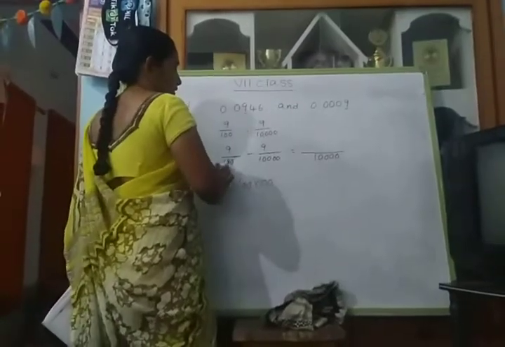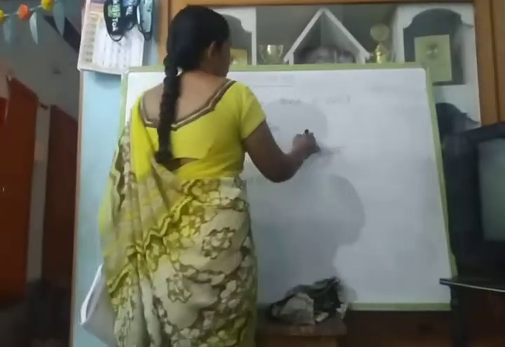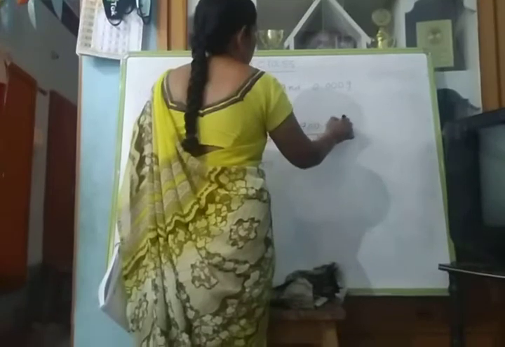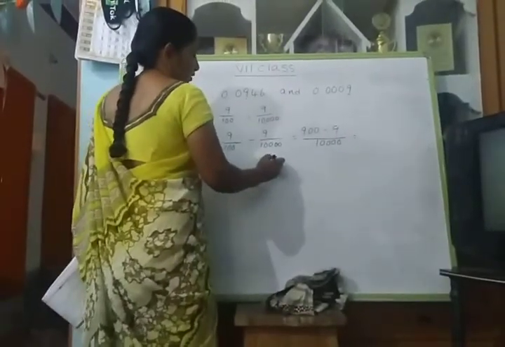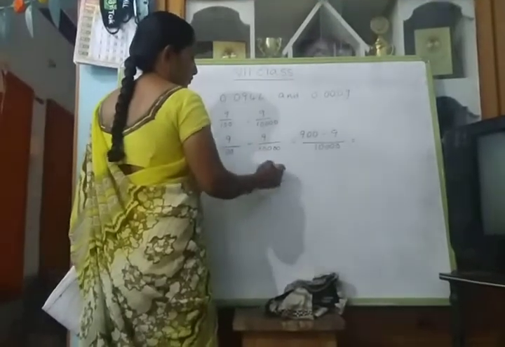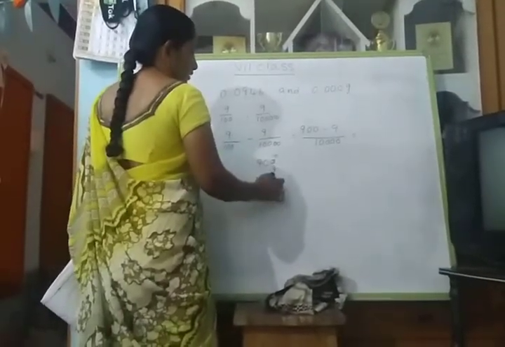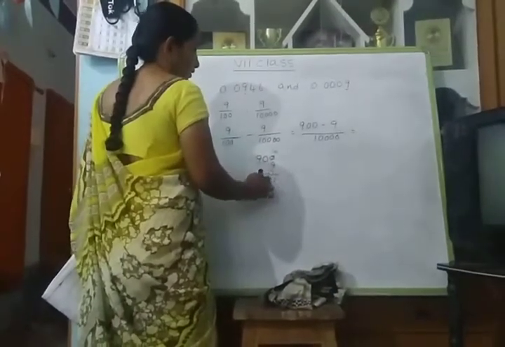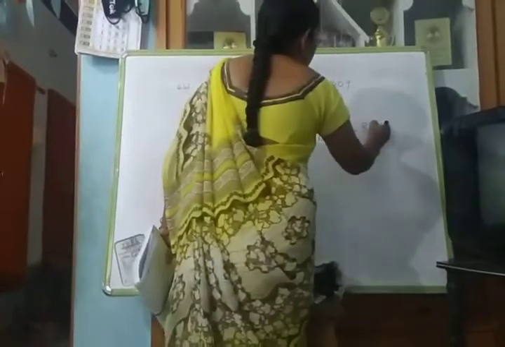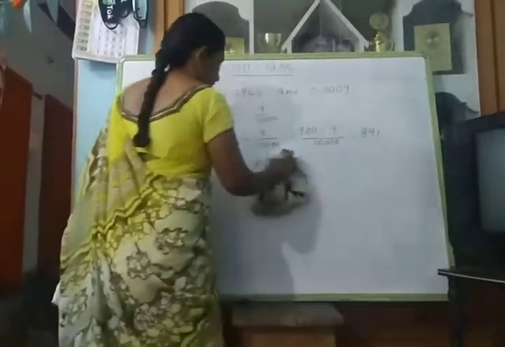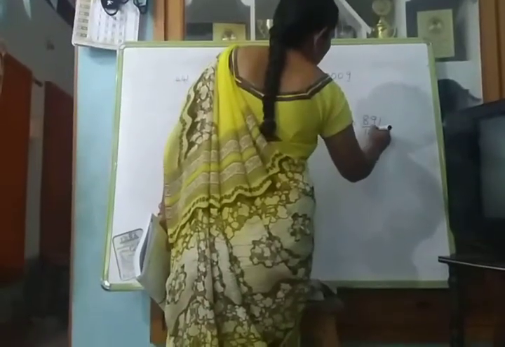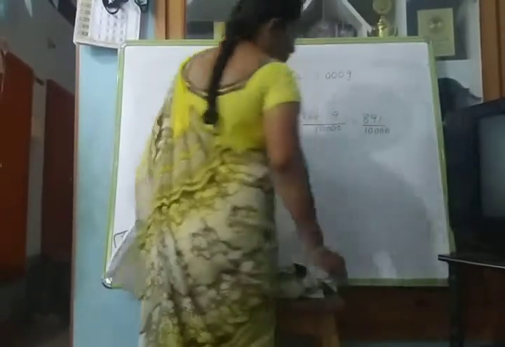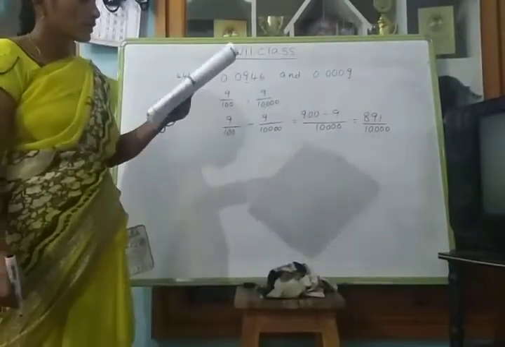If you do 100 times, so 100 into 9, 900 minus 9. 900 minus 9, how much will you get? 10 minus 9, 1, here 9, here 8. 891. What is the value? 891 by 10,000.